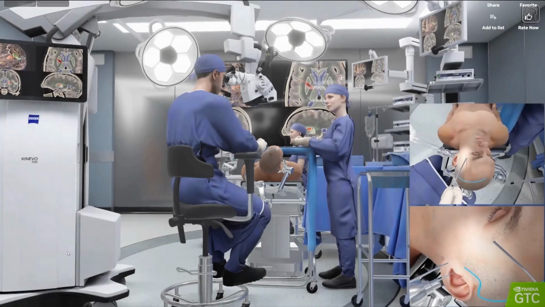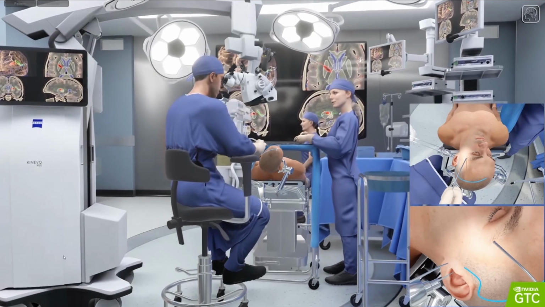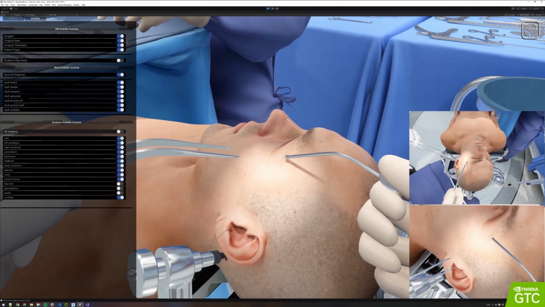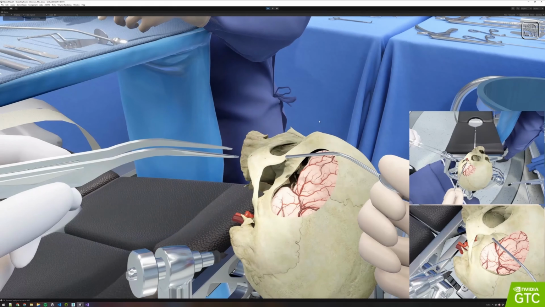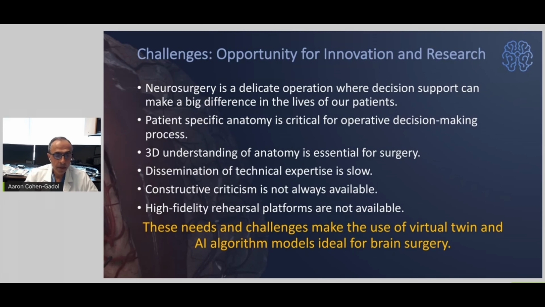And high-fidelity rehearsal platforms could really be making a difference for our patients. And the digital twin, the idea of high-speed computing and patient-specific AI imaging, and how these can help us enter the new era of not only surgery, but neurosciences.